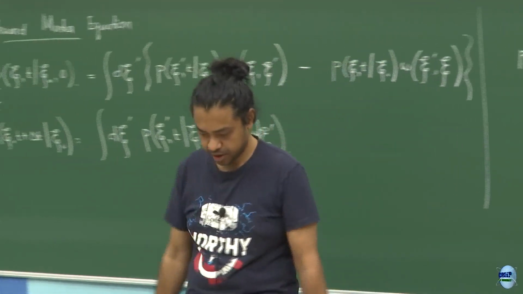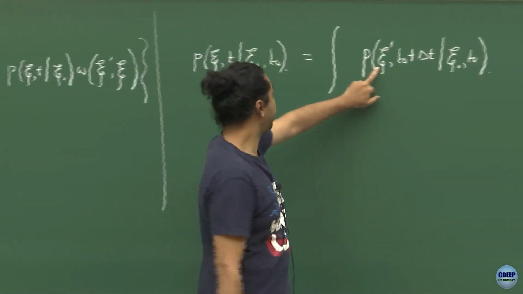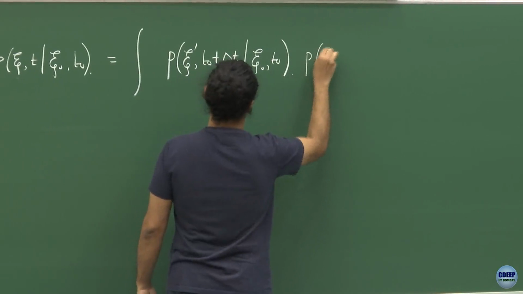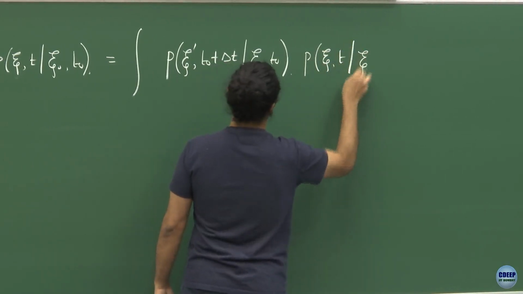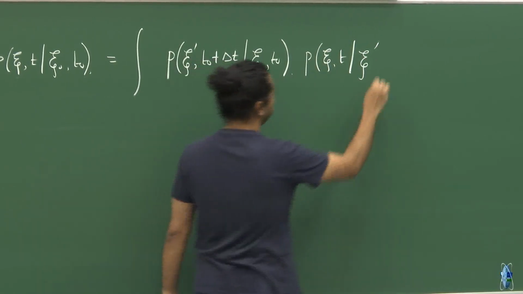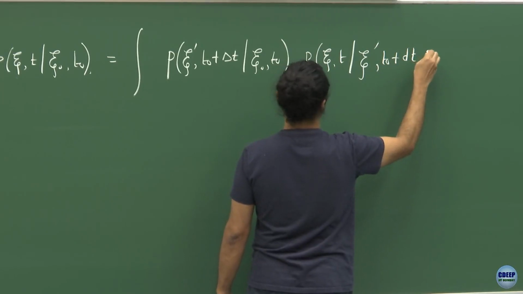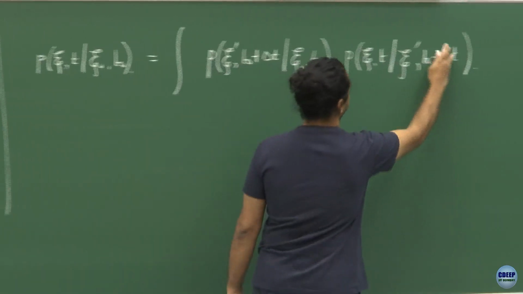And then from this intermediate state, I will go to whatever final state that I want. So, I will go to P of psi comma t starting at this intermediate state psi prime at t naught plus delta t, right.